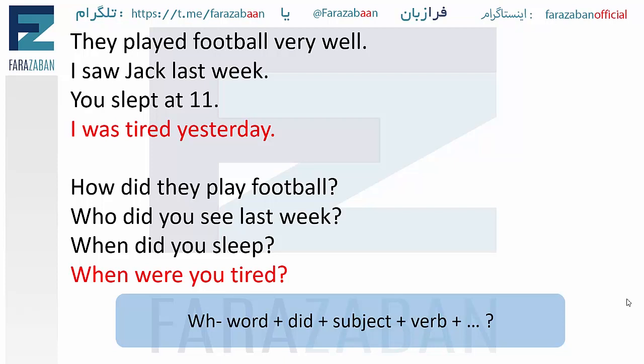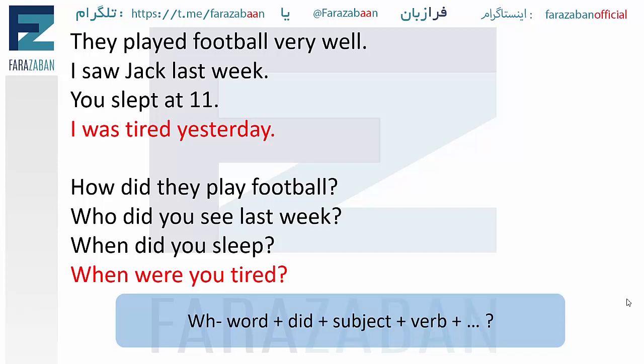They are irregular, so we have to memorize them. Like see, which the past form is saw. Like sleep, slept. بعضی فعلا با قاعده که ایدی میگیرن، بعضی هم بی قاعده که باید یاد بگیریم. Okay? So this is the structure, and we know that the auxiliary verb for past simple tense is did.